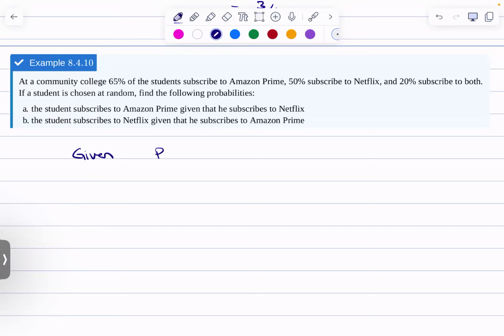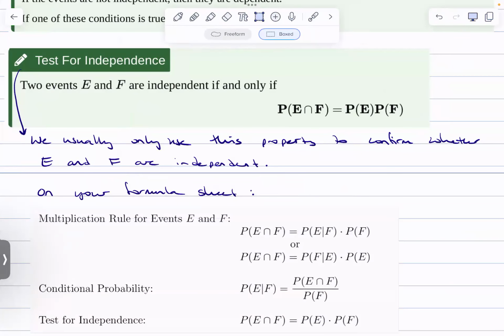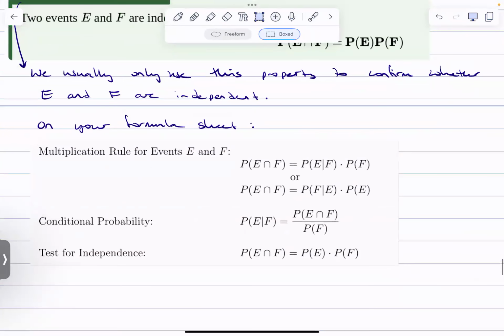On your formula sheet, now we can bring it in. What you have, I'll do the very last bit of your formula sheet. Very exciting. We'll ignore this for just a smidge longer.